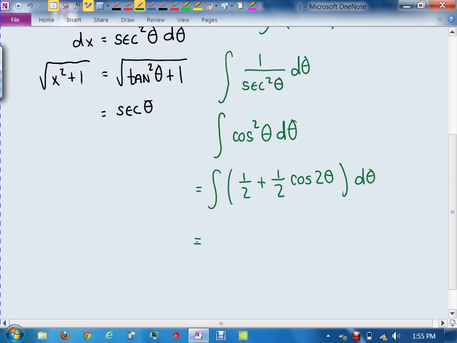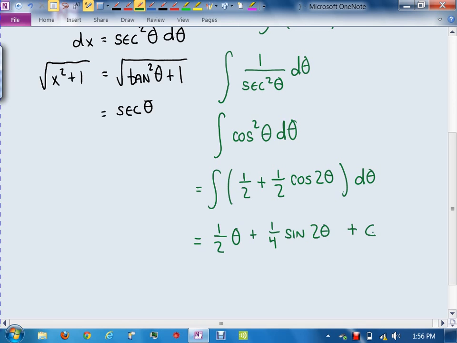And what's nice about that integral is those two pieces are easy to integrate, right? What's the antiderivative of 1/2? Be careful. 1/2 theta. Good. 1/2 theta, because our variable is theta. Then what? Plus 1/4 sine 2 theta plus a constant.